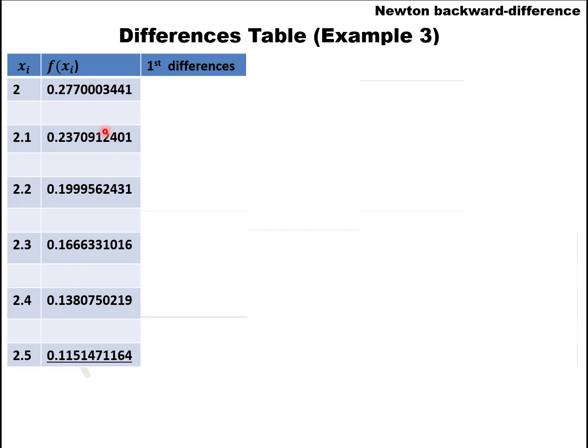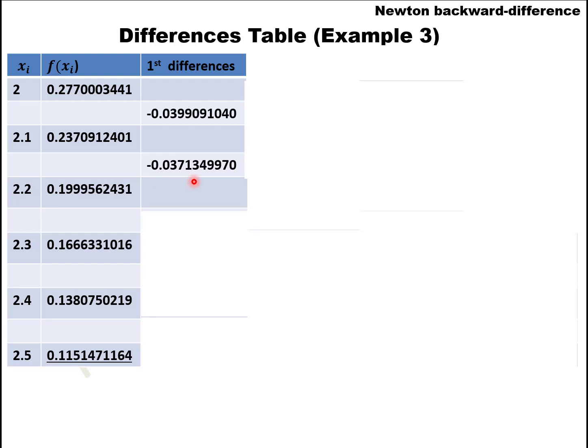The first difference is this value minus this value gives you this value. Remember, in case of forward differences, I was saying that this is delta f of x naught. But in case of backward, I am saying this is nabla f of x1. This value minus that value. In backward difference, we are going in the backward direction. Similarly, f of x2 minus f of x1 is equal to delta f of x1.